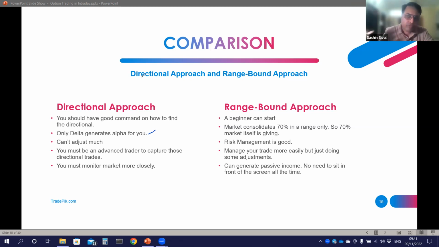If there are four Greeks and only one is in your favor, the chances are high that your probability will decrease, and you can't adjust much. You can just trade with a stop loss.